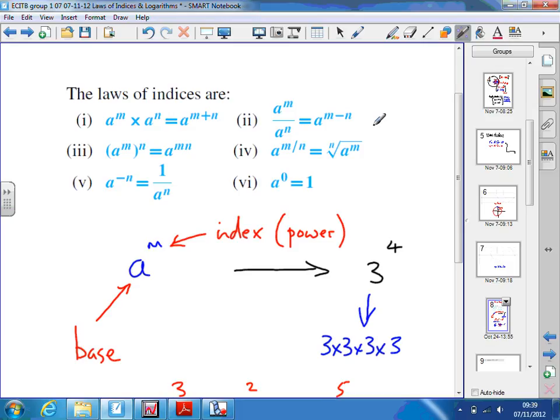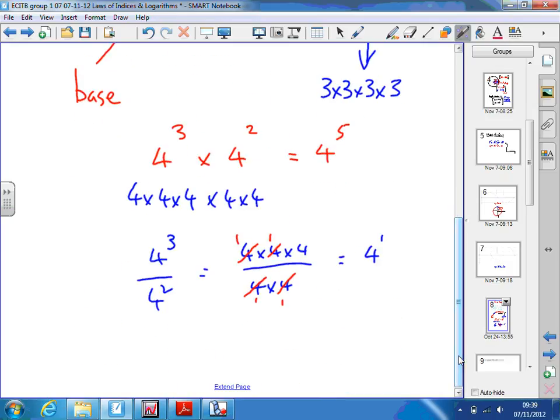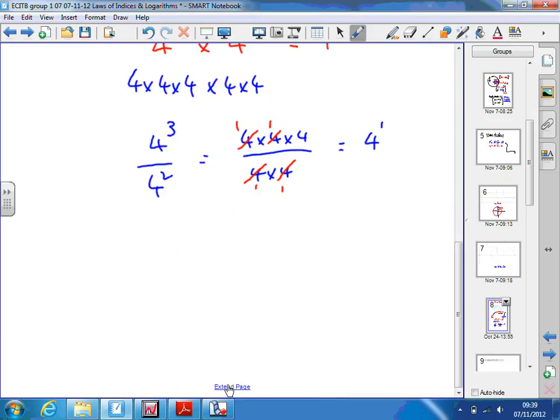The third law of indices comes from this. Let's look at an example of that. So for an example of the third law, 4 cubed and then squared. If we think about what these powers mean, what does square mean? It means 4 cubed times 4 cubed, because square means times by itself.